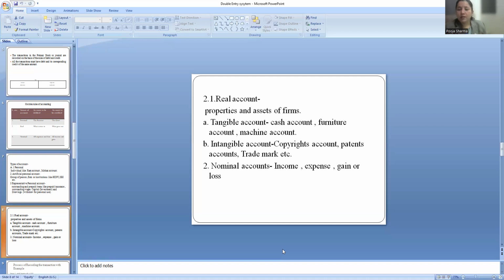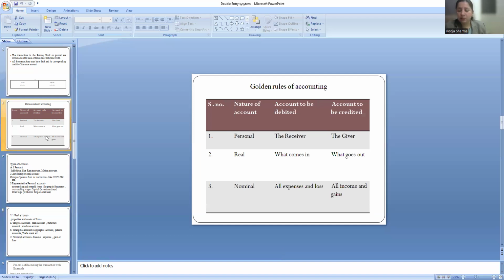So all the assets are included in the real account, and when you have to see the rules related to assets and properties, you will see the rule of the real account. Third is the nominal account, where income, expenses, gains and losses come. Now we will come back to this tabular chart about the rules.